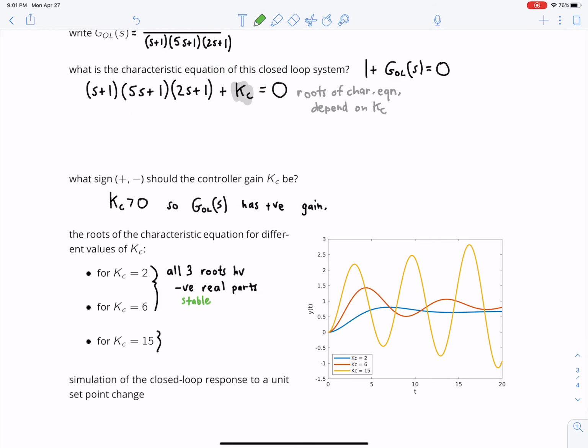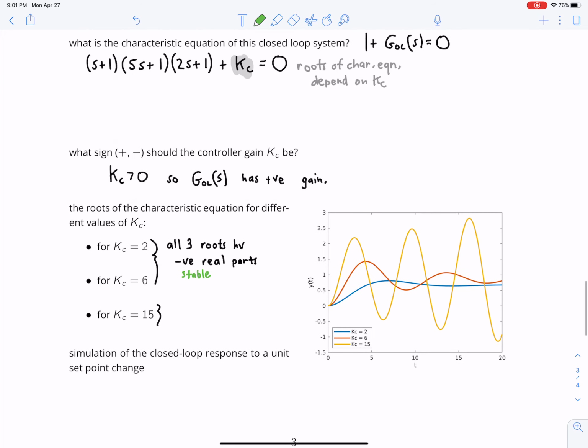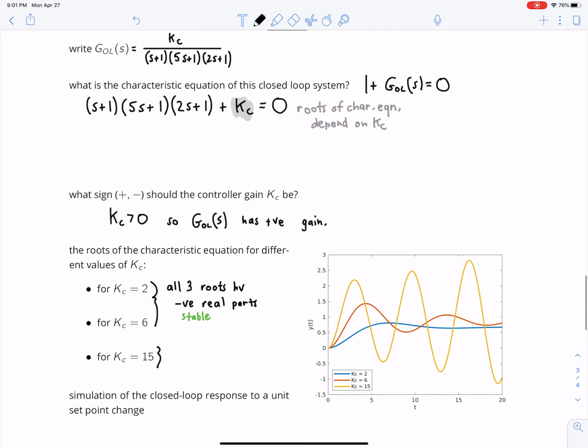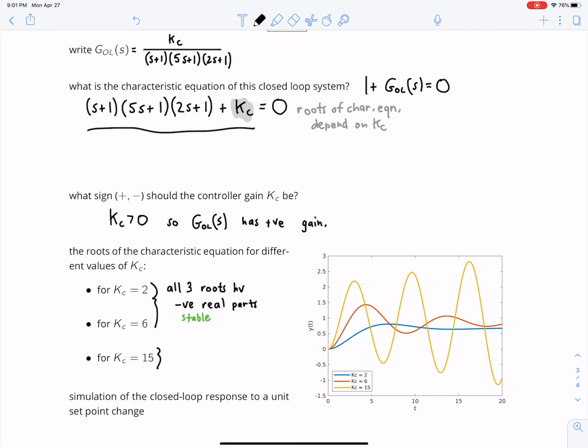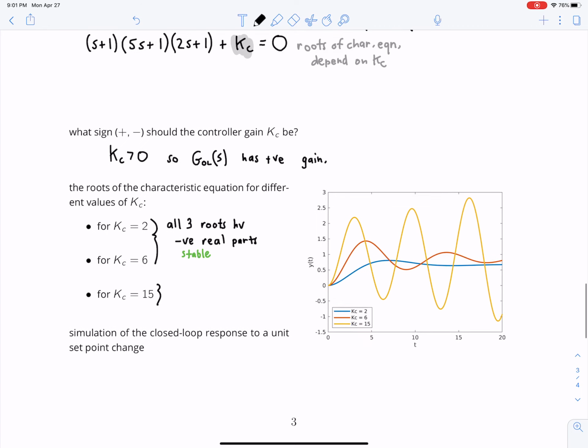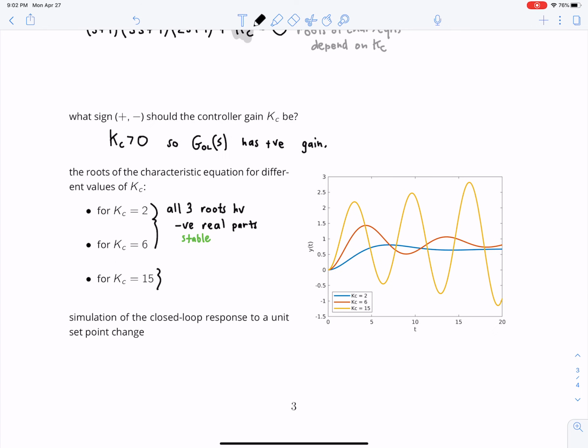So it's stable for this choice of Kc, right? However, if you plug in K equals 15 and then solve this polynomial using your favorite software, I use Julia, what you'll find is for Kc equals 15, there are two roots with positive real parts. And because of that, even though one of them has a negative real part, it's unstable.